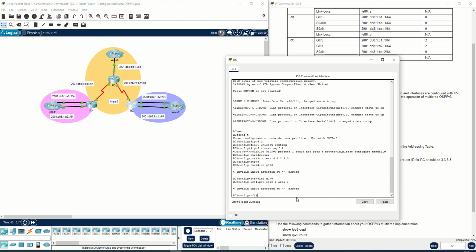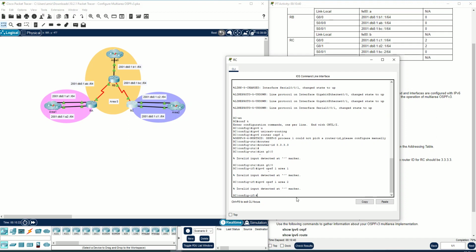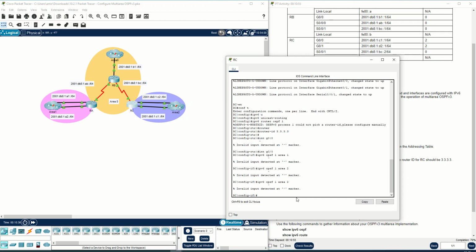This is area 1, excuse me, area 2. IPv6 OSPF 1. What happened here?